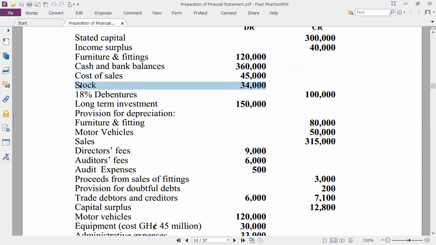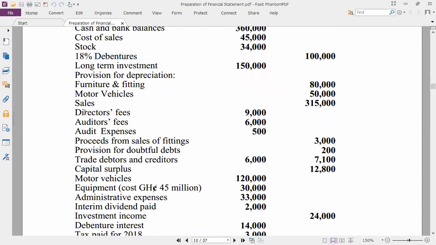Stock, that is the closing inventory, you go to current assets. 80% debenture, non-current liability. Long-term investments, non-current assets. Provision for depreciation, PPE schedule. Motor vehicle, furniture, all of them.